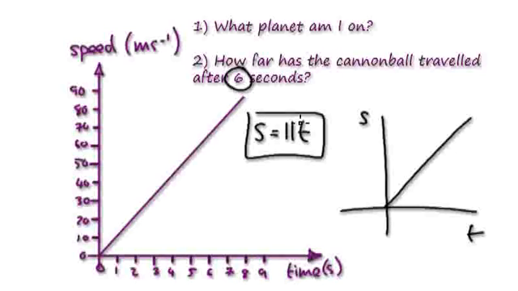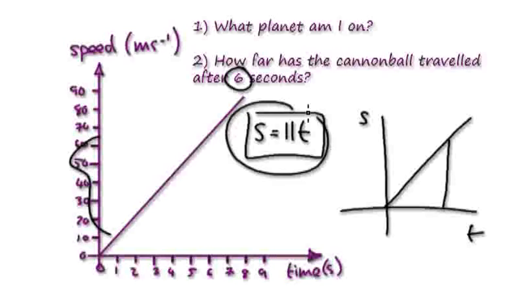Because the question says after 6 seconds, you don't actually need the graph, all you need is the equation. After 6 seconds, what is the y value? Put the 6 into here. It would be 66, and across here is 6.